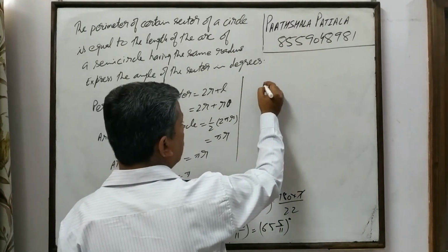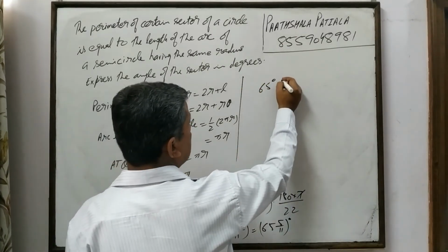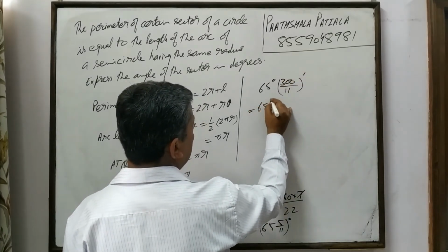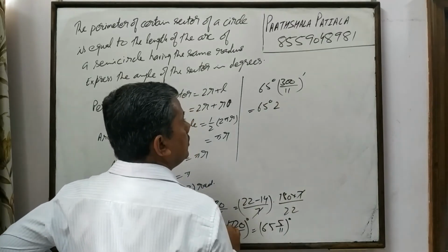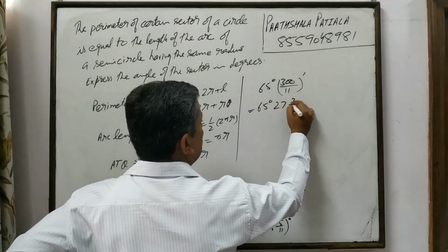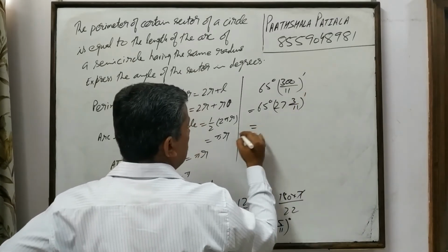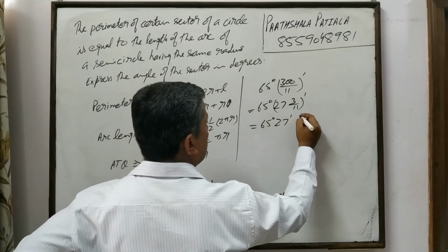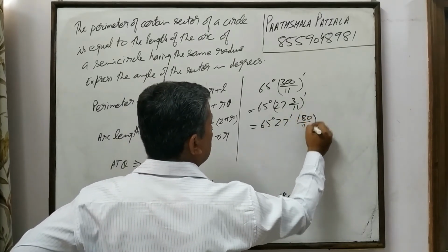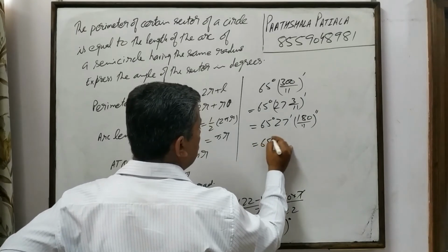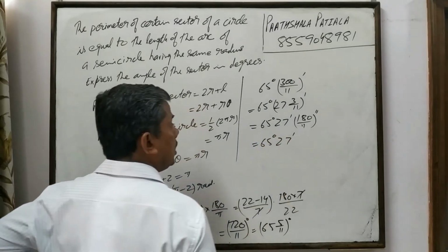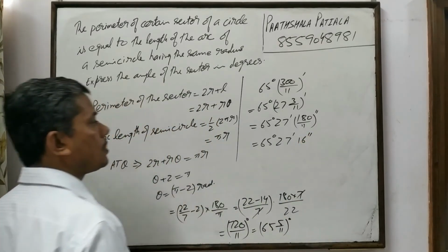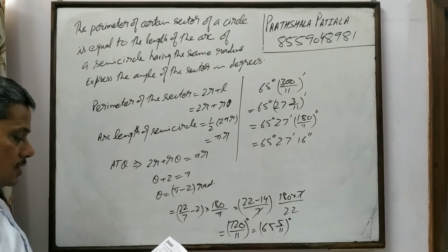So you will have 65 degrees, 5 into 60, 300 by 11 minutes, which is 65 degrees, 27 minutes, and 3 by 11 of a minute. So this is 65 degrees, 27 minutes, and 180 by 11 seconds. This is 65 degrees, 27 minutes, and approximately 16 seconds. So that is your answer.